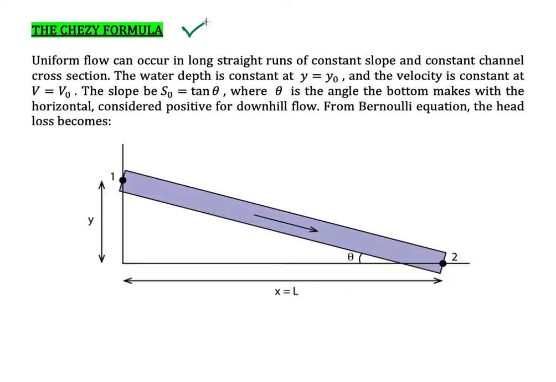The Chezy formula reflects the same ideas as flow in pipes that we learned in Fluid Mechanics 1. It tells us about the velocity of fluid flowing in the conduit.